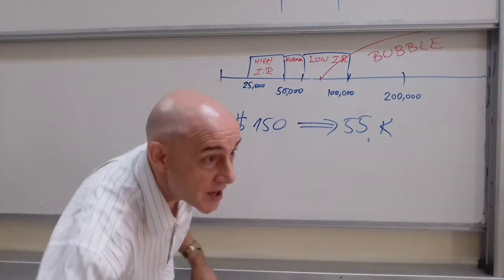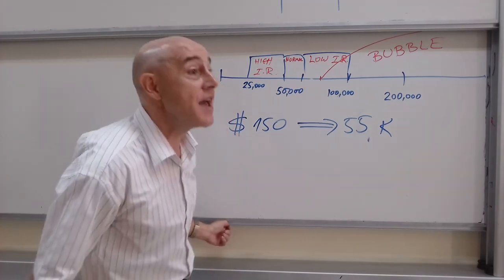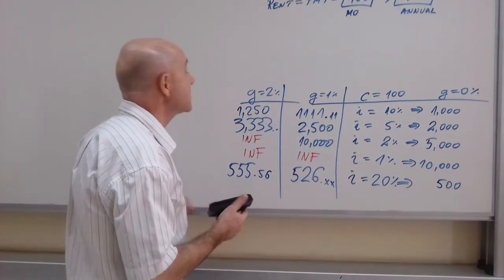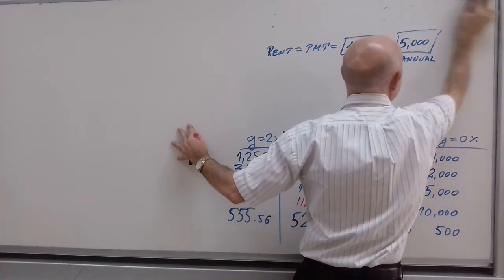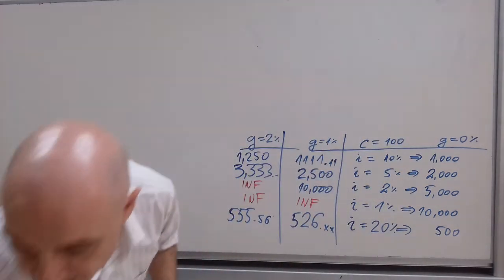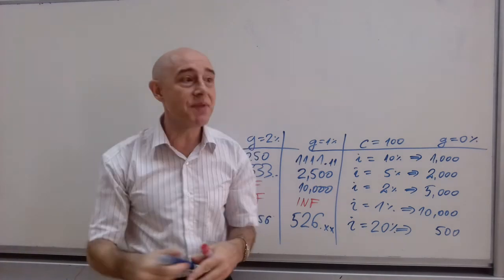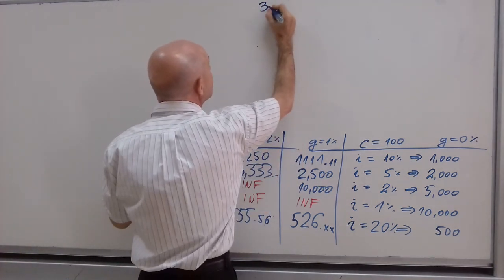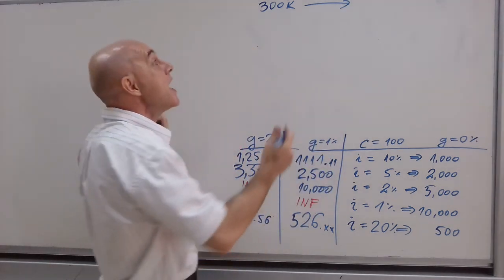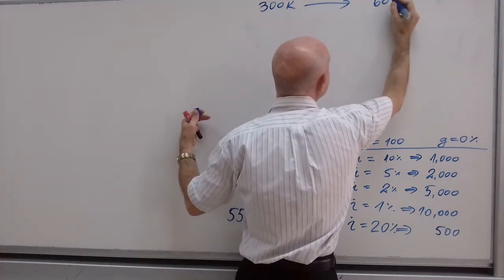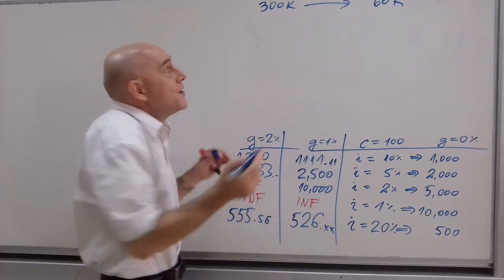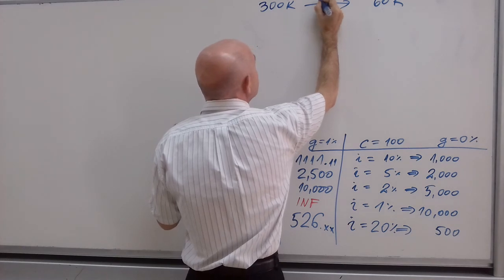We take a break and then we do calculations. The first calculation is this. You have a crazy bubble of 300,000 US dollars and it must deflate to $60,000, but it falls only 5% a year.